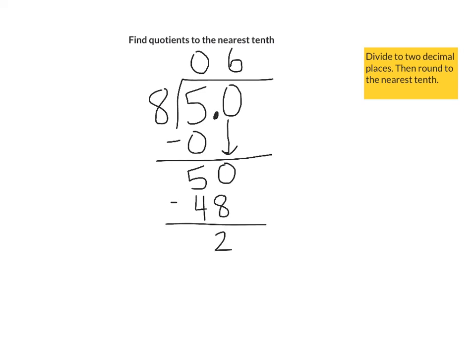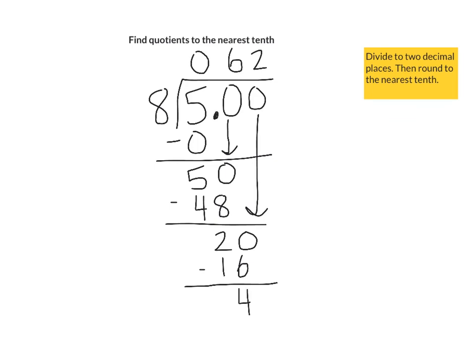So we're left with 2 tenths, which we're going to regroup so that we have 20 hundredths. 20 hundredths divided by 8 is equal to 2 hundredths. 2 hundredths times 8 is equal to 16 hundredths. When we subtract, we get 4.